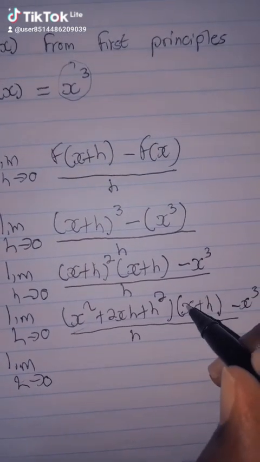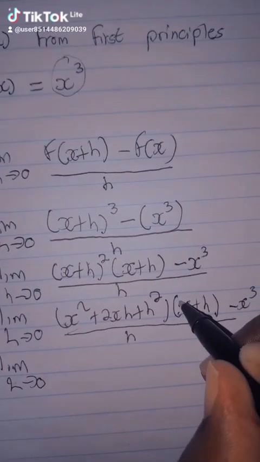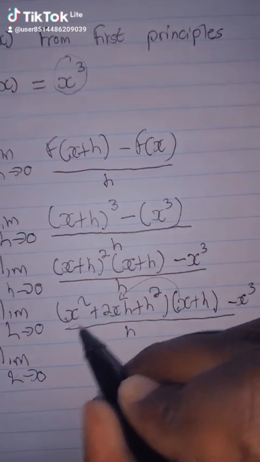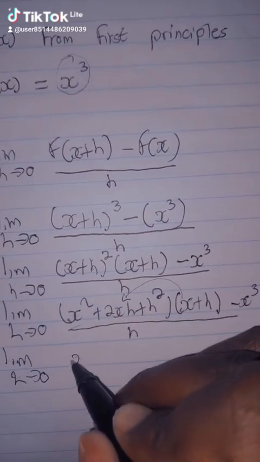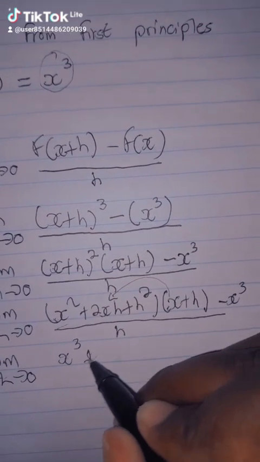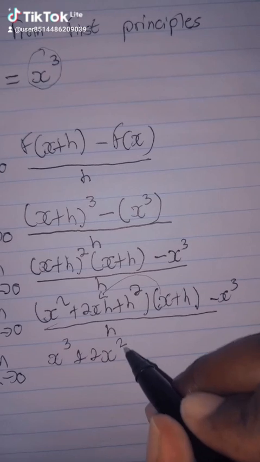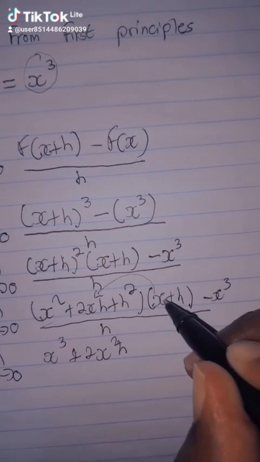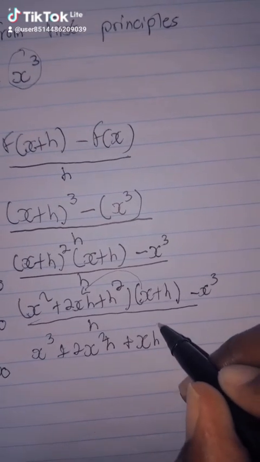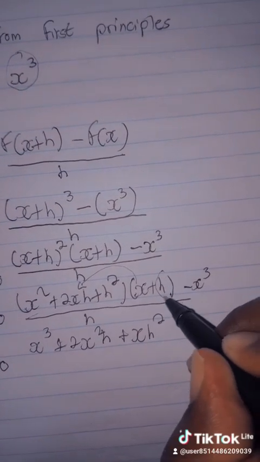Then we use the FOIL method or distributive property. X squared multiplied by x will be x cube. 2xh multiplied by x will be 2x squared h. X multiplied by h squared will be xh squared. Now let's focus on h.